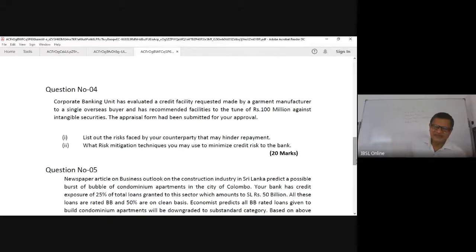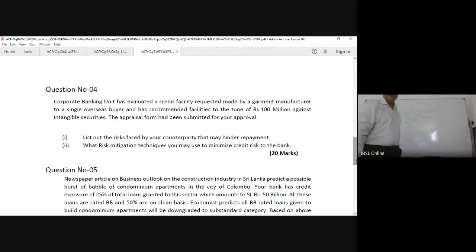What risk mitigation techniques may you use to minimize credit risk to the bank? So we have listed out the credit risk. For collateral, in your evaluation, you could use some covenants. If he's offering only intangible collateral, the collateral is a little weak, but you could insist on some covenants.